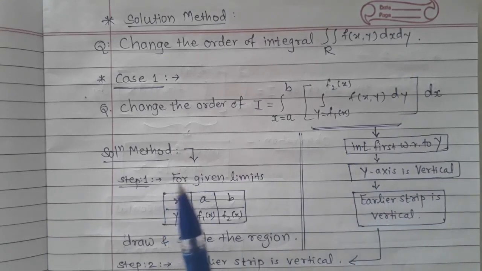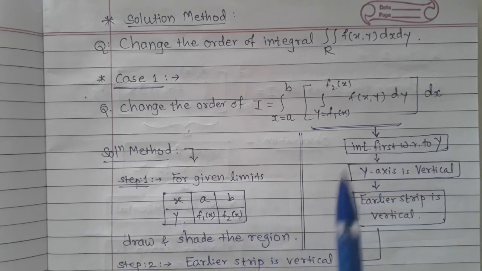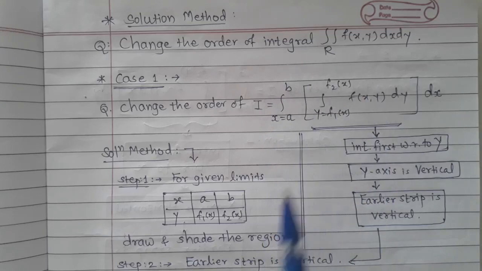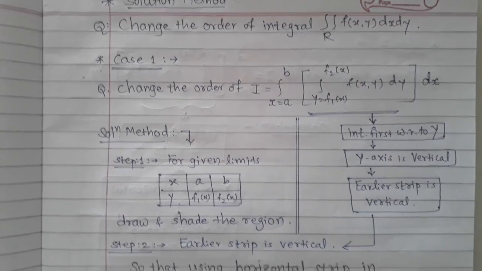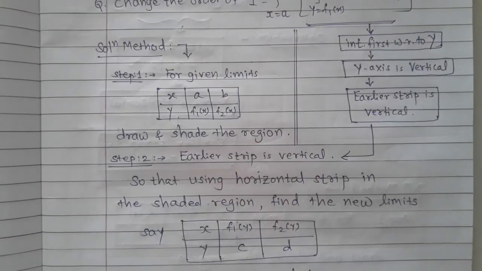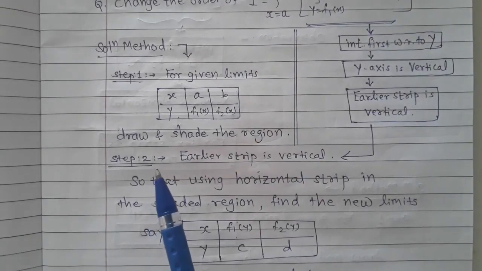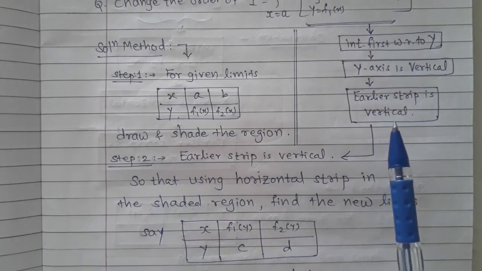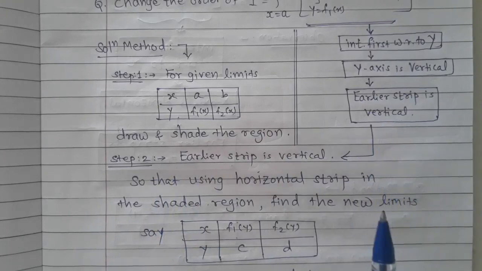Solution. First step: for given limits x equal to a to b and y equal to f1(x) to f2(x), first of all we'll draw and shade the region. Second step: we earlier observed that the earlier direction was from bottom to top, vertical direction.